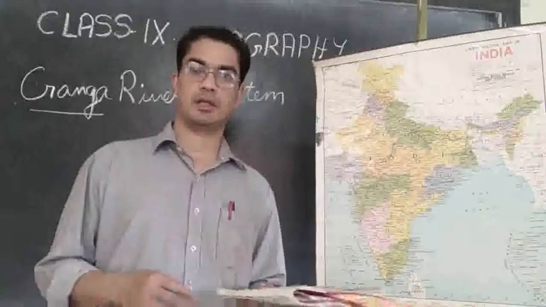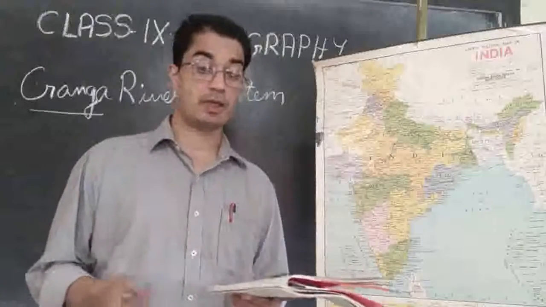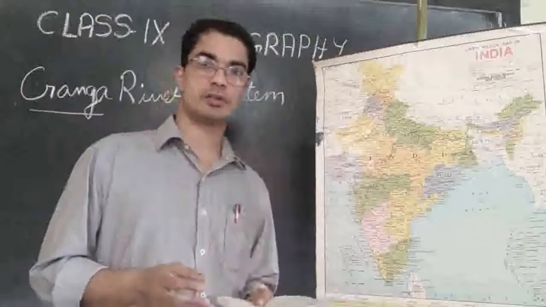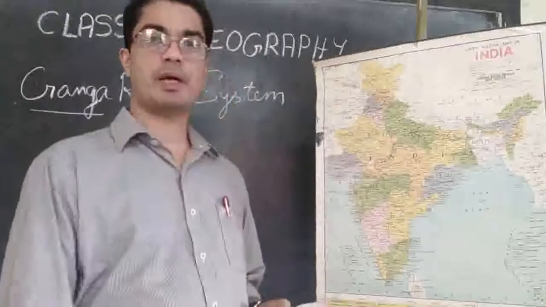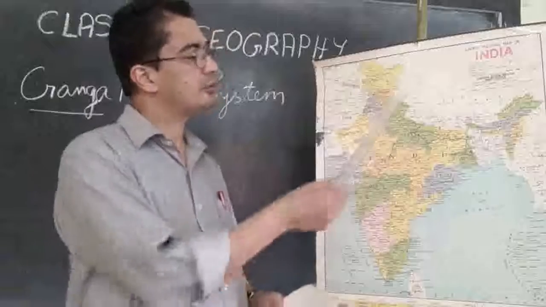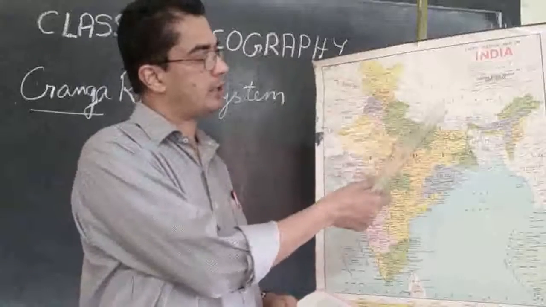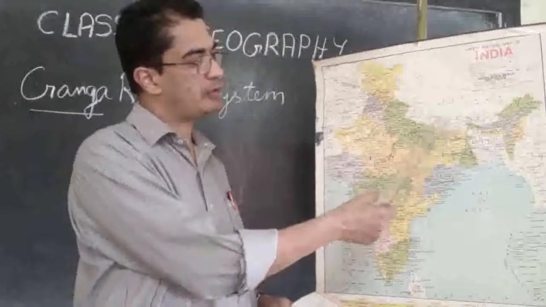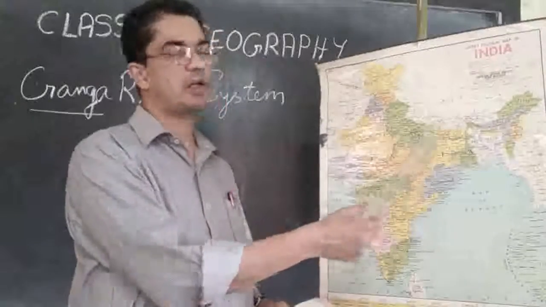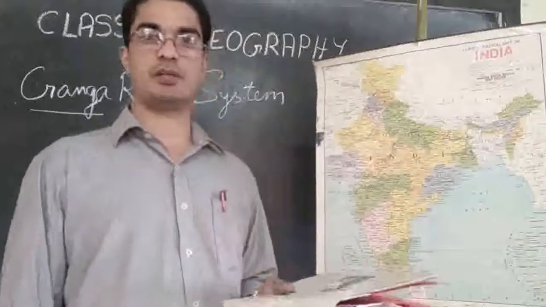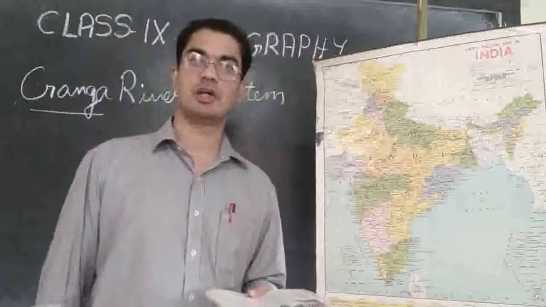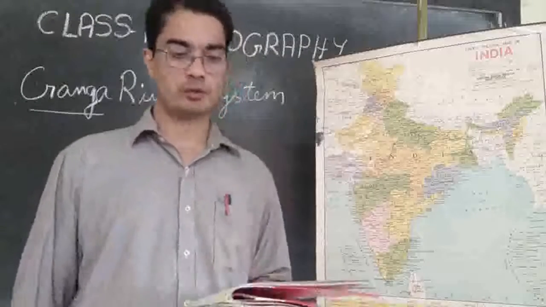The other three are the Ghaghara, the Gandak and Kosi. These three rivers originate from Nepal Himalaya. Then they flow down to the northern plains, flooding the plain during the rainy season, and also making the soil very rich.